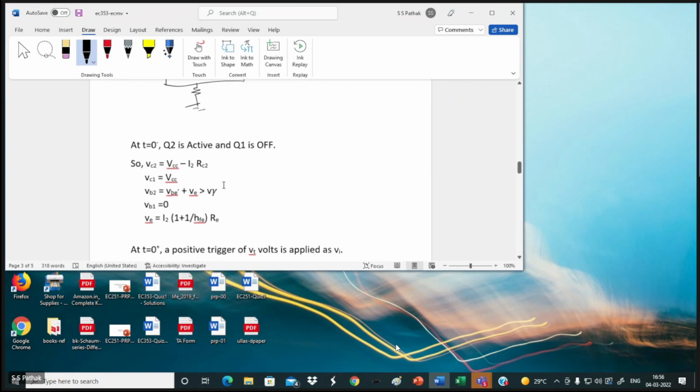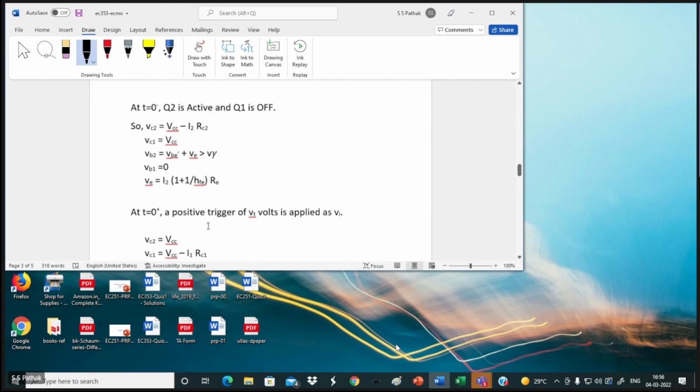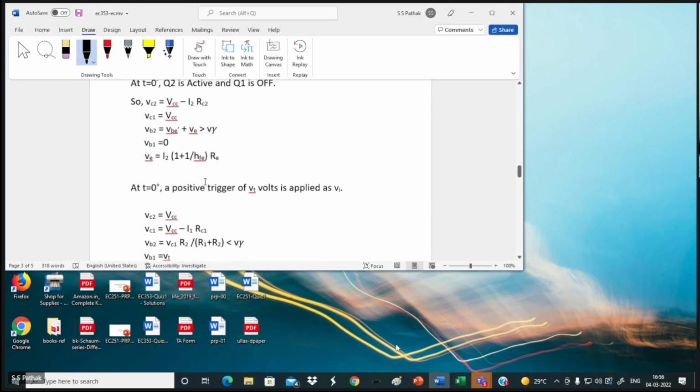You can see that at t equal to 0 minus Q2 is active, Q1 is off. So these are the voltages at various places. VE becomes your 1 plus 1 by HFE, like that at that time, because your Q2 is conducting. So base current of Q2 is there. At t equal to 0 plus, HFE will not come because base of Q1 is not conducting.